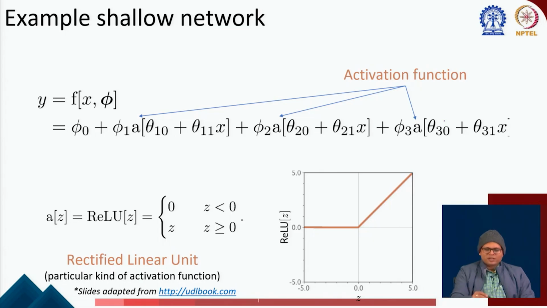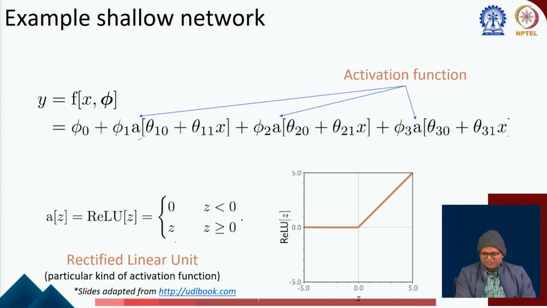What is the activation function we use? We can use any nonlinear activation function. Here we will use ReLU as the default, and it will help convey some very important points about shallow and deep neural networks. The ReLU function is very simple. Whenever the input is greater than 0, you retain the input as it is.